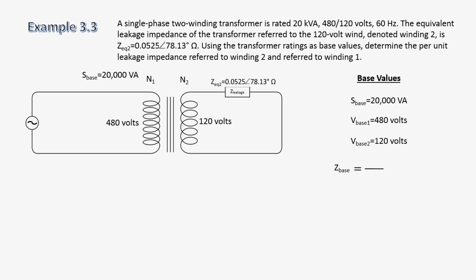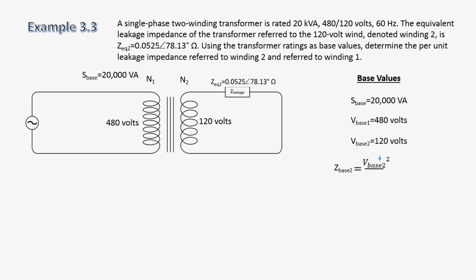Now, to find Z equivalent per unit, first we need Z base. But we don't just need Z base, we need Z base 2, because the Z equivalent we're given is already referred to the second coil, or it's already on the right side of the circuit. We get that using the power equation. We need S base, which is going to be the same, but we also need V base, and we use V base 2 because it's on the right side of the circuit.